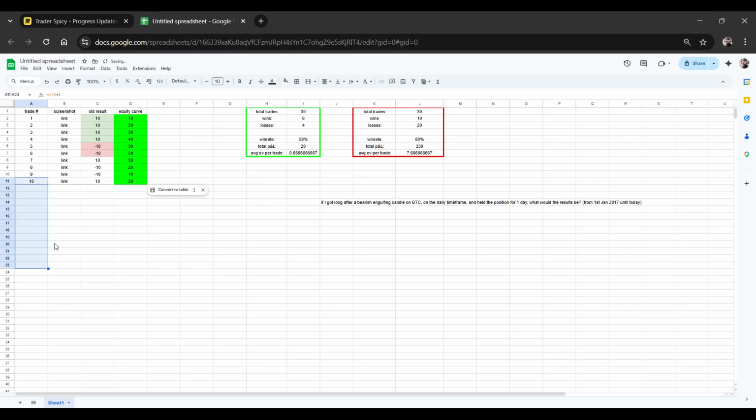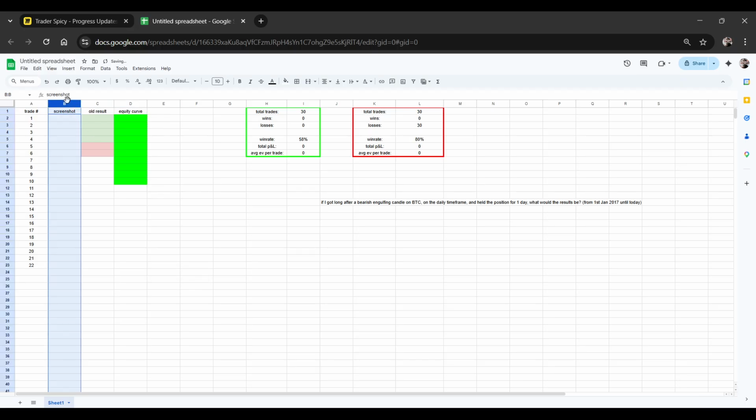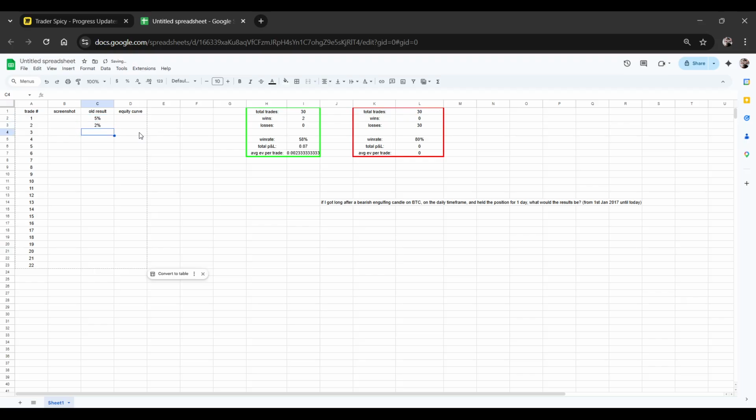So we might have something like this. And instead of a screenshot, we're only going to be looking at the results. And it might look something like 5%, 2%, minus 2%, 3%, etc., right?